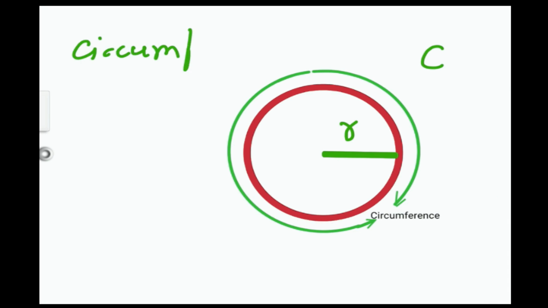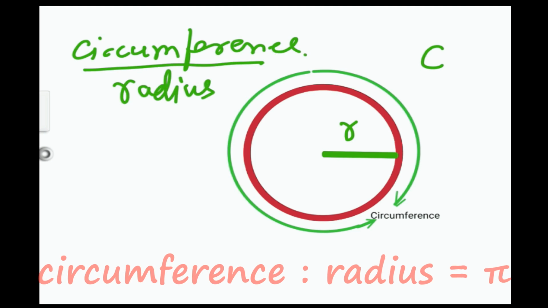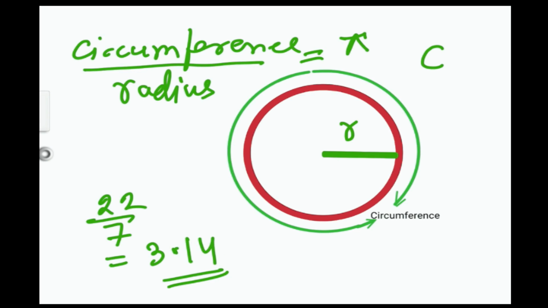Keep in mind, circumference by radius is always constant and it is called pi. Pi is a Greek letter. This constant's value is 22/7 or in decimal 3.14 approximately, right?